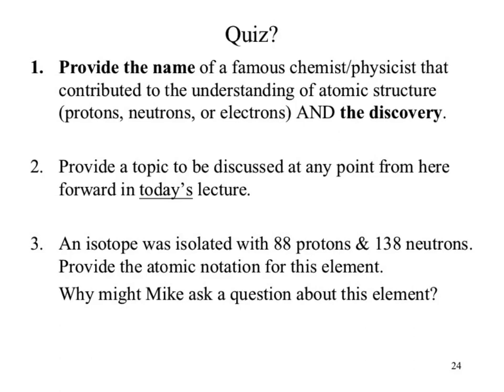That's what we got. An isotope was isolated with 88 protons, 138 neutrons. Atomic notation for this element. We talked about it. Your textbook calls it atomic notation, and I call it nuclear notation. So how do we use that notation? Our notation was we had a symbol, and in the upper left-hand corner, that's the weight or the mass, officially the mass number, which is equal to protons plus neutrons.